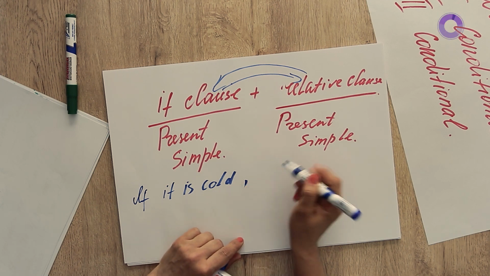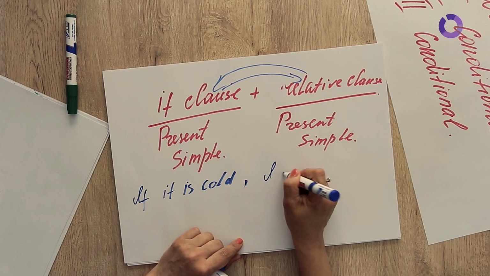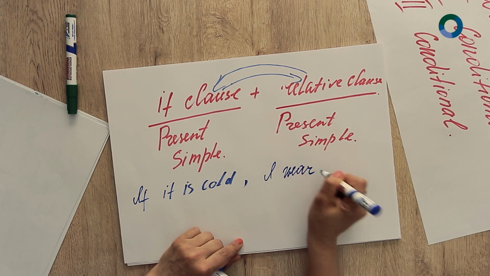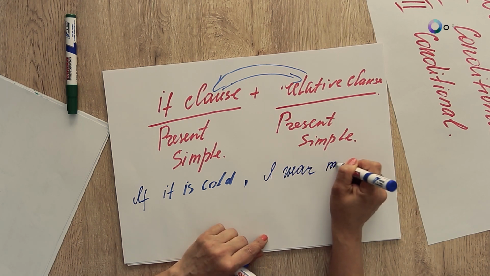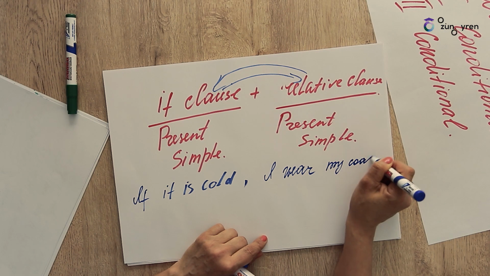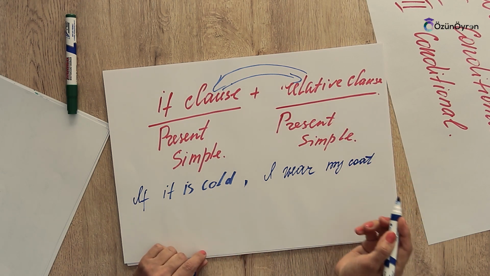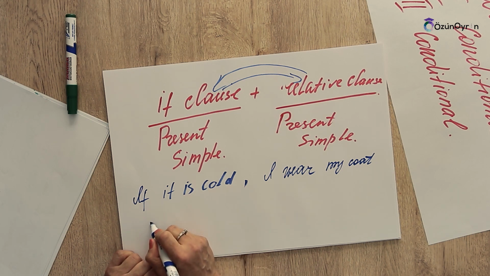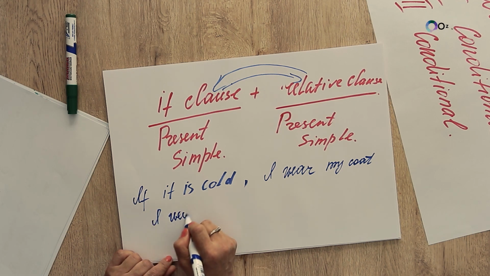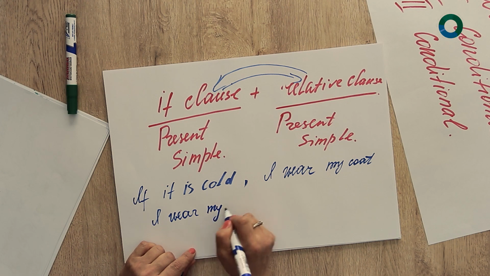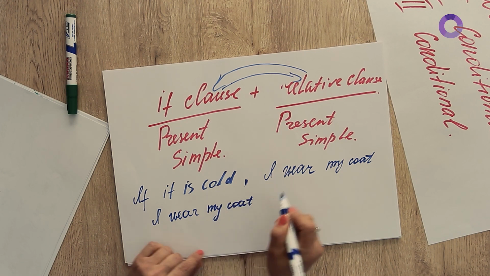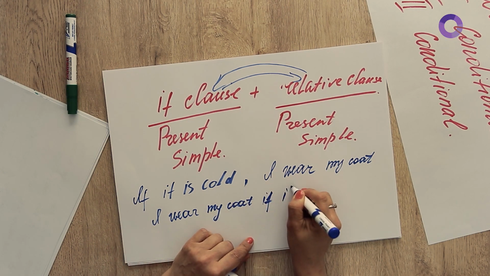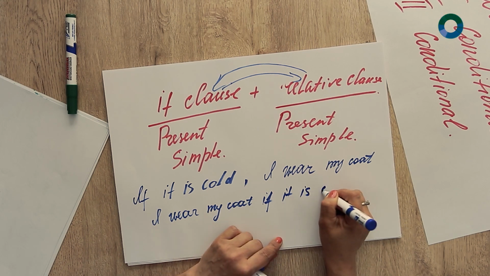If it is cold, I wear my coat. When the relative clause comes first, for example, I wear my coat if it is cold.